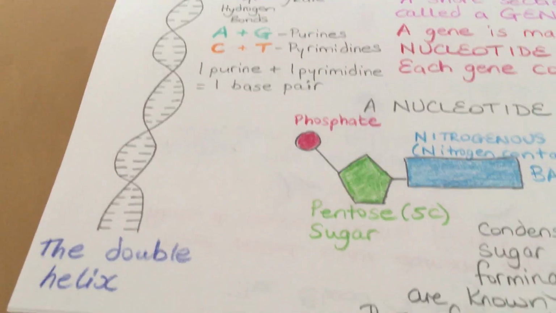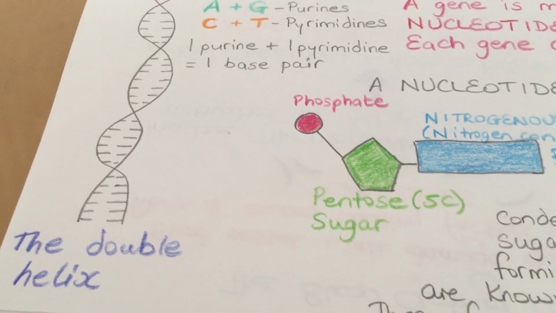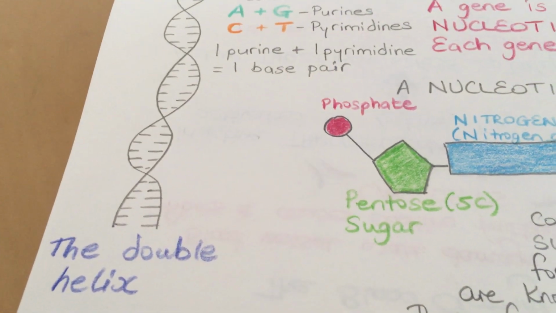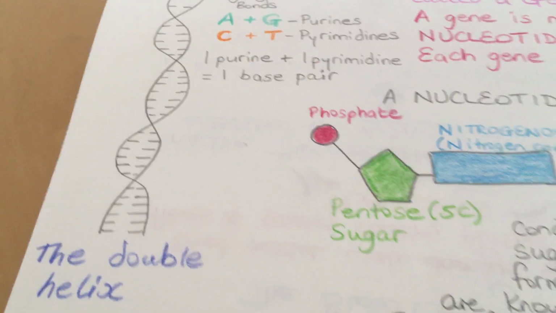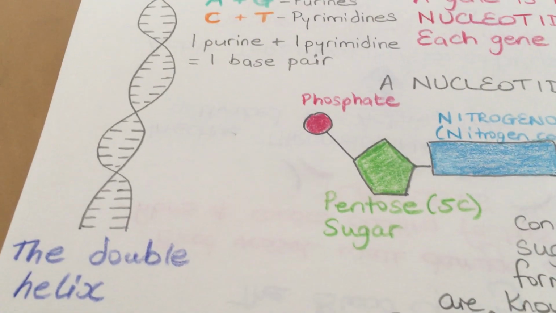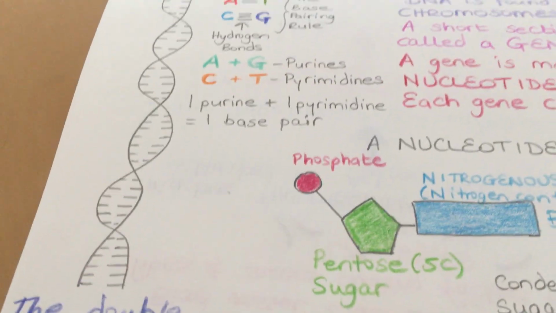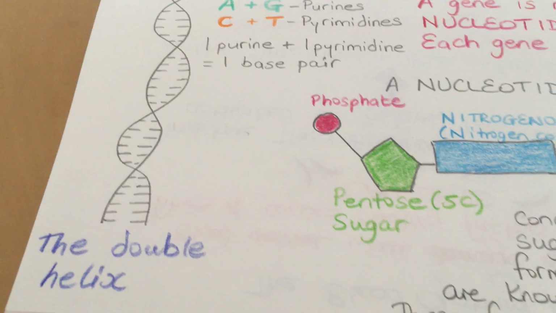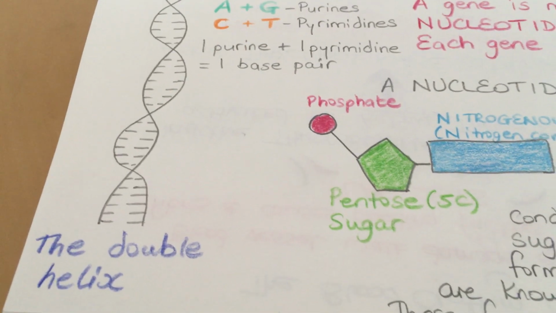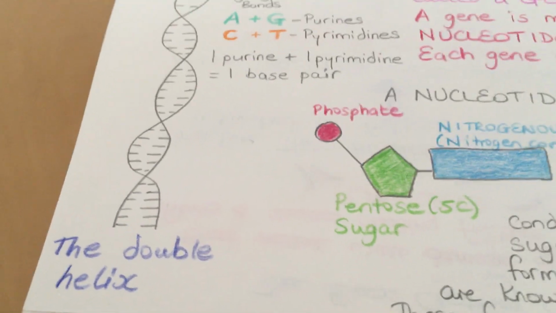And they, with the help of Rosalind Franklin, if you've never heard of her, I understand why not. If you haven't, please Google her. That's Rosalind Franklin, without whom the double helix would never, or certainly not as quickly, have been established.